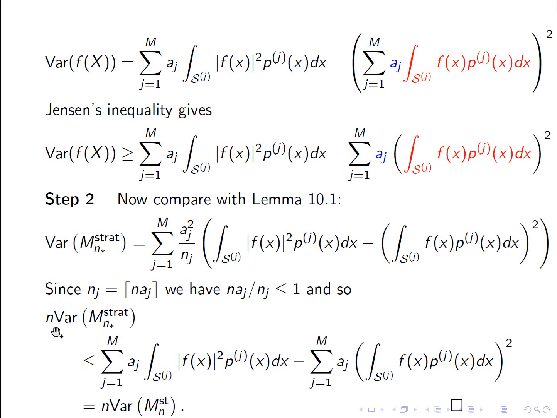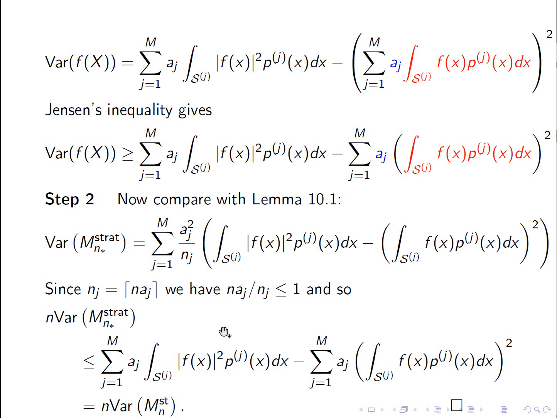So we're looking at n times the variance of the stratified estimator, multiplying this with n. What do we get? So we have n times aj squared divided by nj. And if we are using this, so we have n and aj divided by nj, and one aj is left, so this is less than 1, while we just have our aj here and our aj here.